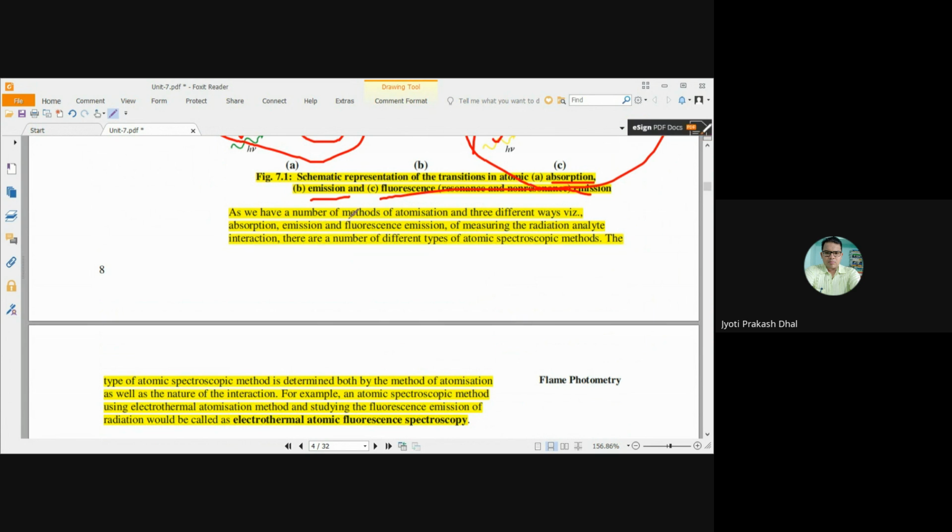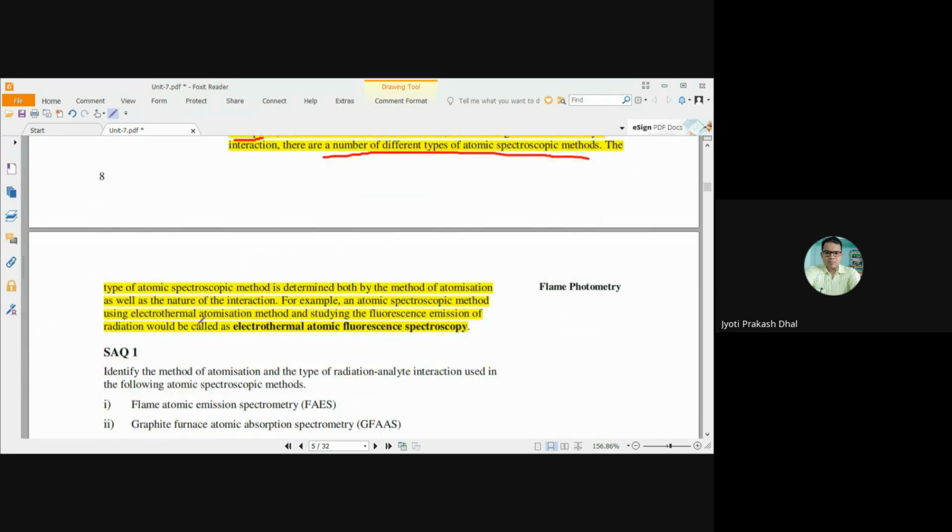As we have a number of methods of atomization, because initially we discussed the different types of atomization techniques, and we have three different spectroscopic methods of measuring radiation-analyte interaction, that is absorption, emission and fluorescence emission, there are different types of atomic spectroscopic methods. An atomic spectroscopic method is determined by both the method of atomization as well as the nature of the interaction.